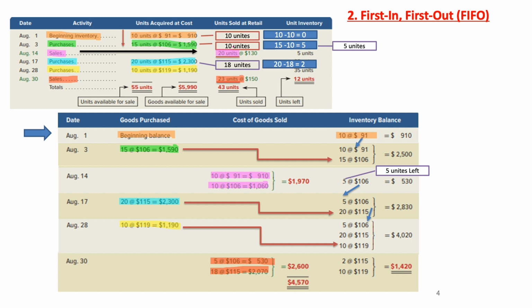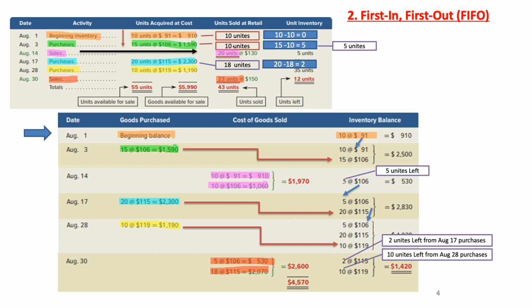Now remember, if the company is doing sales here, the inventory is going to decrease. But remember, when you calculate the inventory balance after sales, we're always going to take the units left.